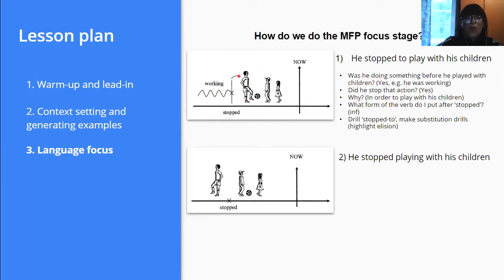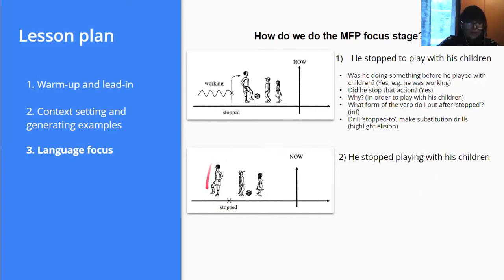For example, what form do we have to put after, for example, stopped? Oh, to and just the verb or infinitive, right? And finally, you would have to drill some pronunciation features like elision. You would have to highlight elision and drill stop to, or make some substitution drills.